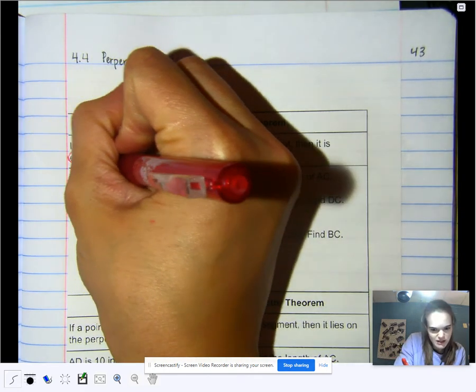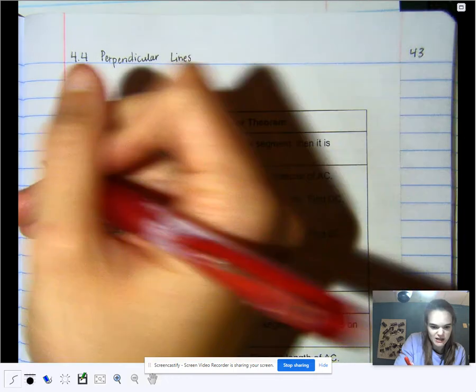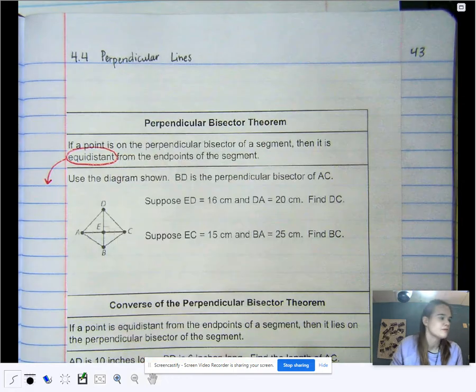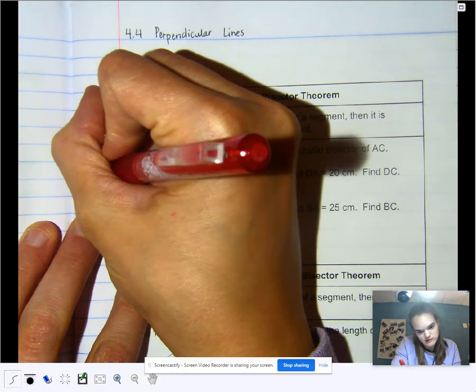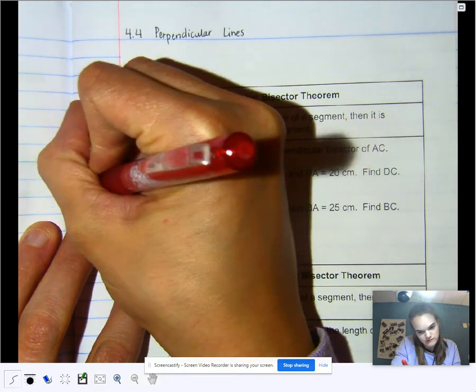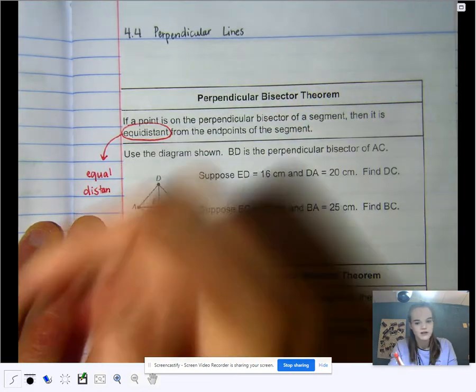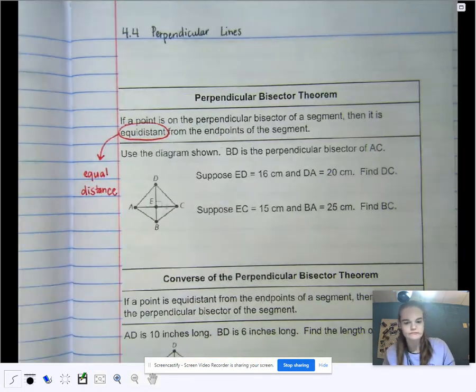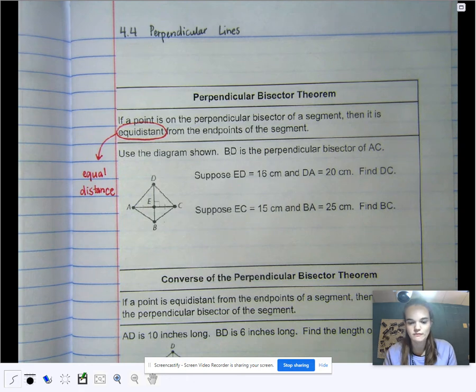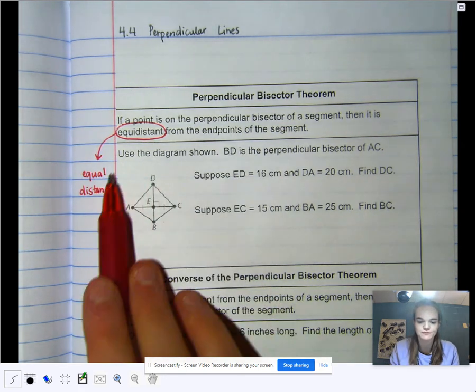Equidistant is exactly what it sounds like, and that is equal distance. See that? Equal distance. So we're going to use that.